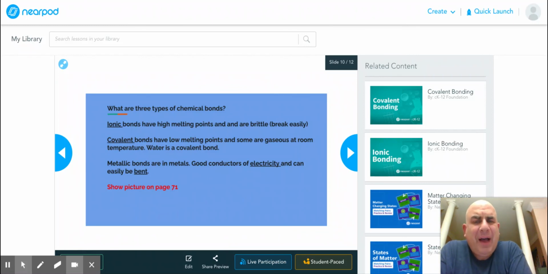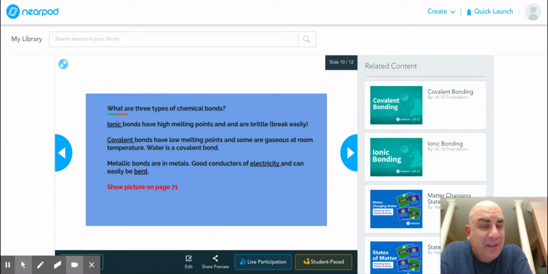Ionic bonds have high melting points and are brittle. They break easily. So you've got to get it very hot for it to melt, and chances are it's going to break. Covalent bonds have low melting points and some are gaseous at room temperature. Water is a covalent bond. Metallic bonds are in metals.